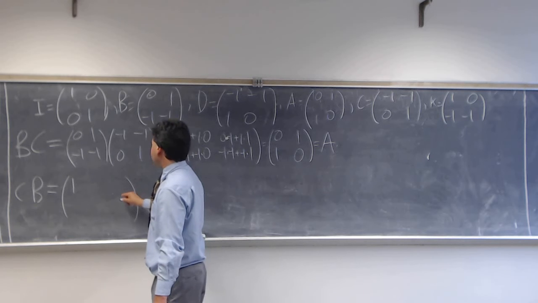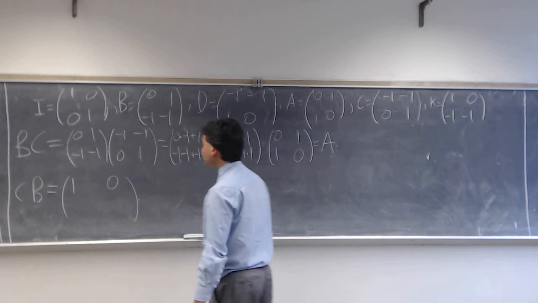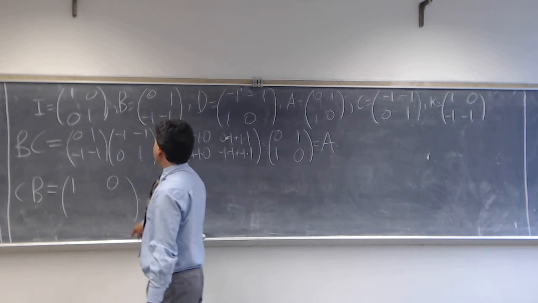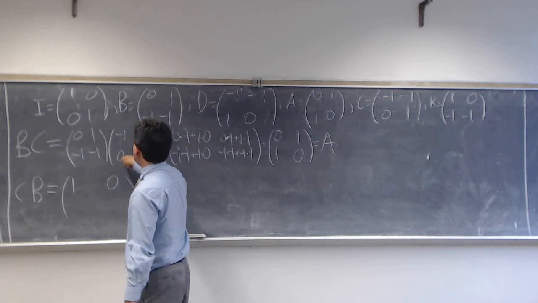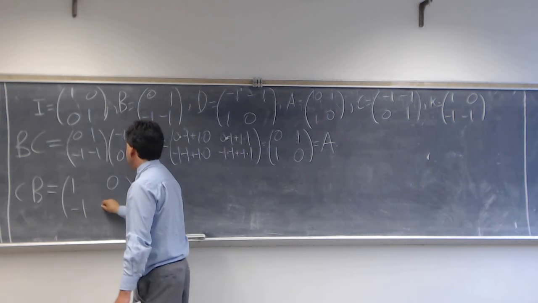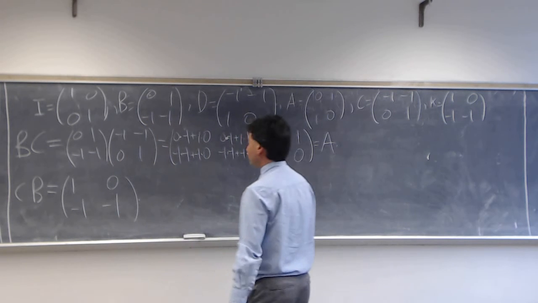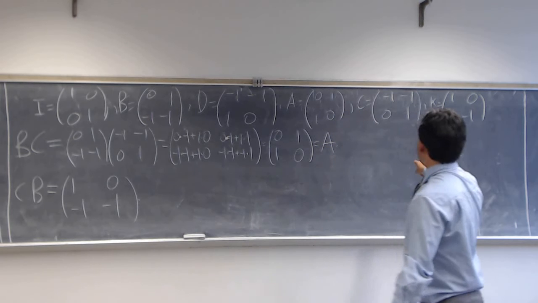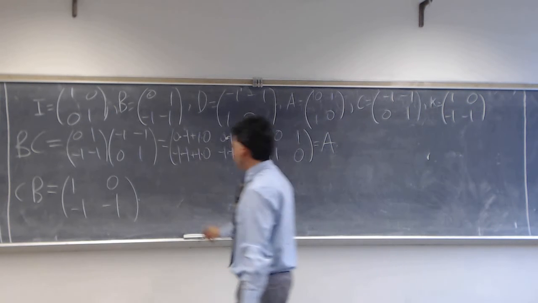So negative 1 plus 1 would give us a 0. And then this would be negative 1, which is that one of our matrices? That is K.